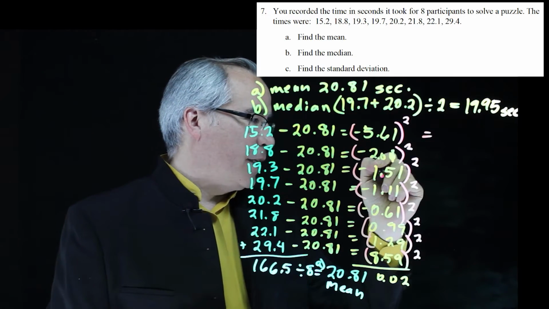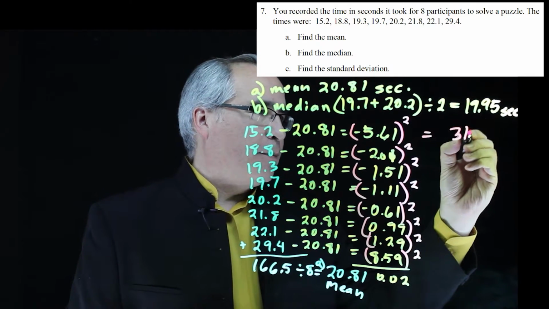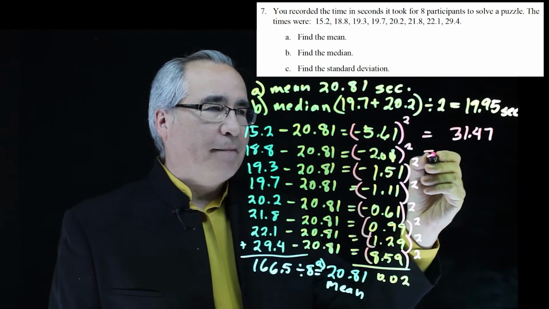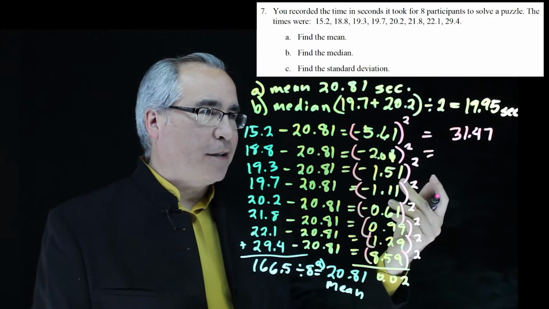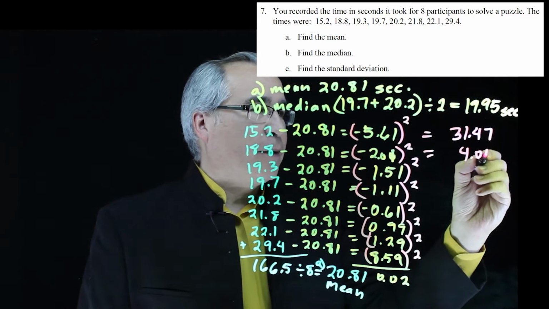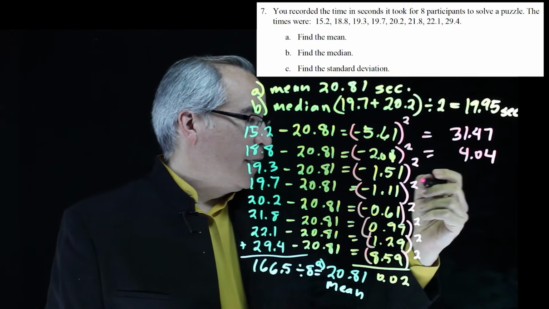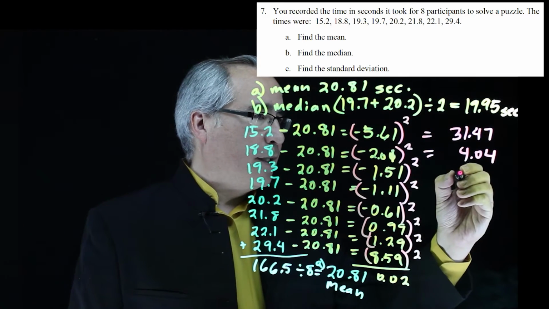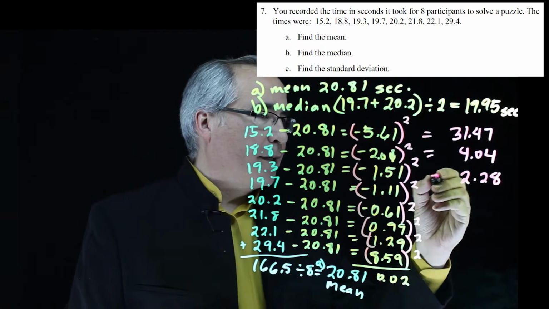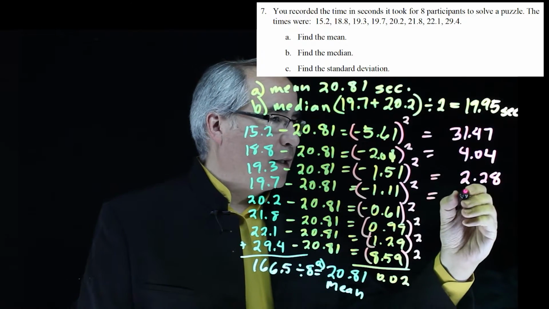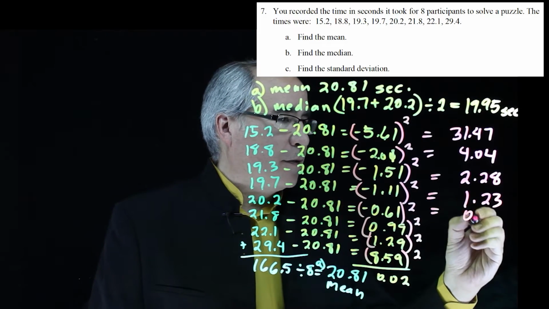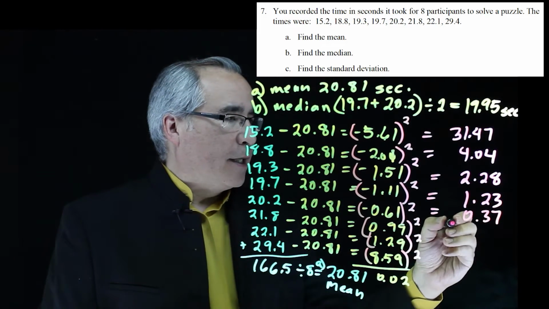We square each of these. This one gives us 31.47. Again, I had to do this calculation at least twice to get to the right answer. The third time I did it to check myself. And that's why we're going to highly recommend that you use a calculator to do the calculations. This one gives us 0.37.